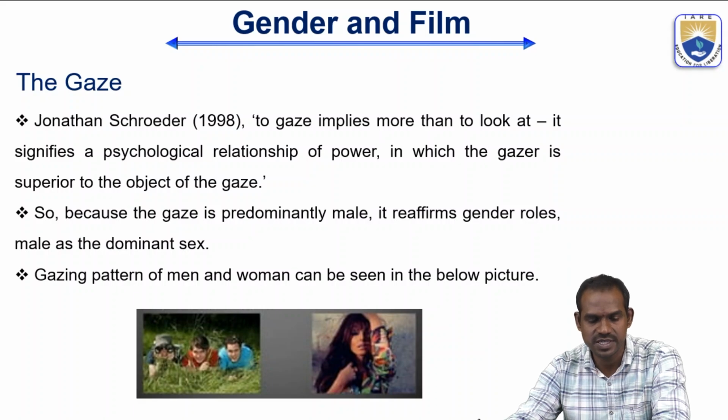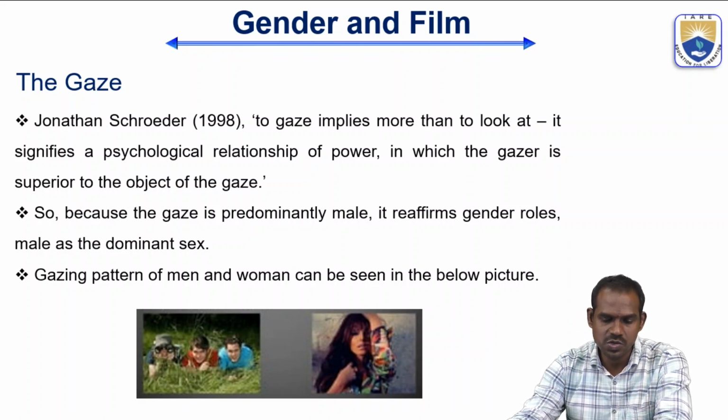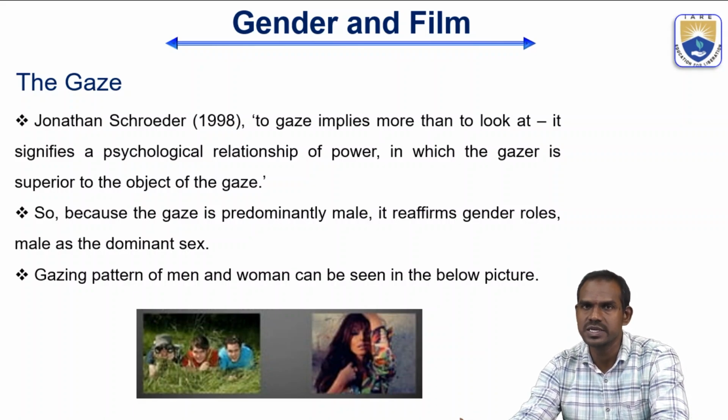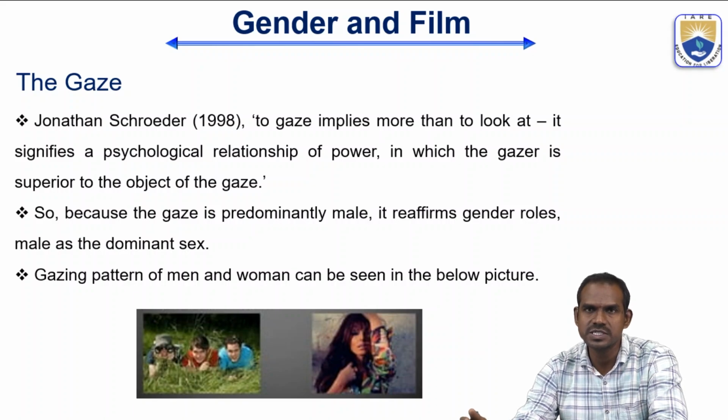The continuation of The Gaze. Jonathan Schroeder in 1998: to gaze implies more than to look at. So what did Jonathan Schroeder say about the word gaze in 1998? Gaze implies more than to look at, meaning not just simply looking, it is more than looking at. It is called staring, meaning continuously looking.